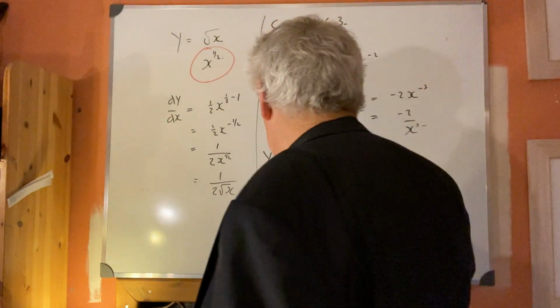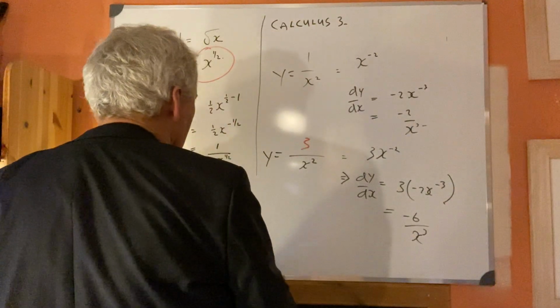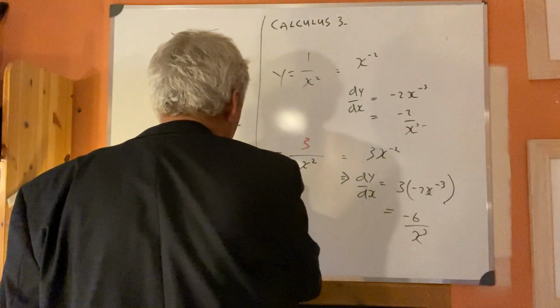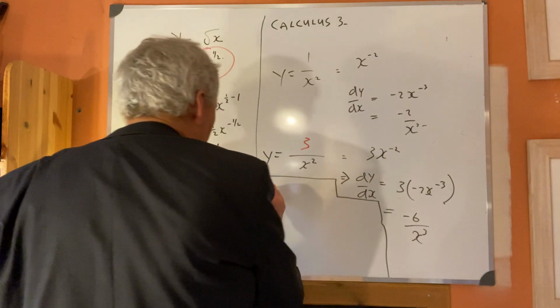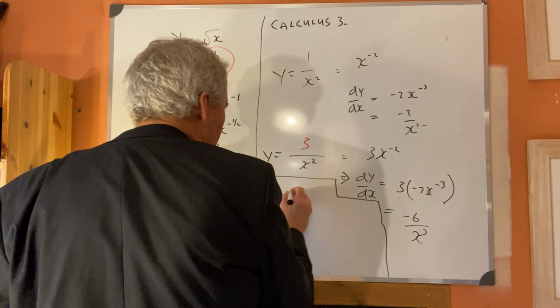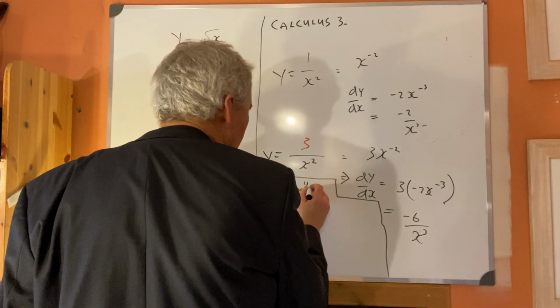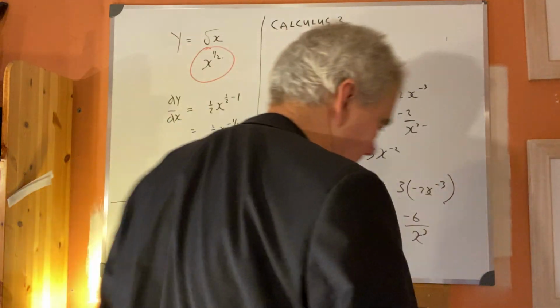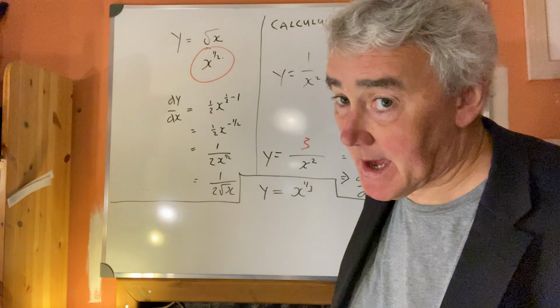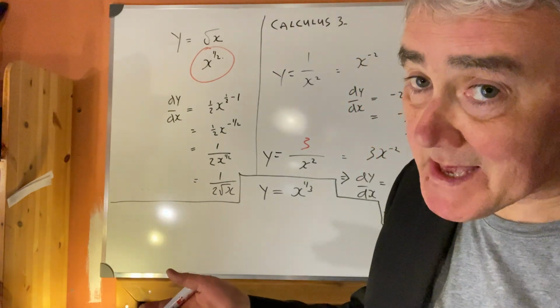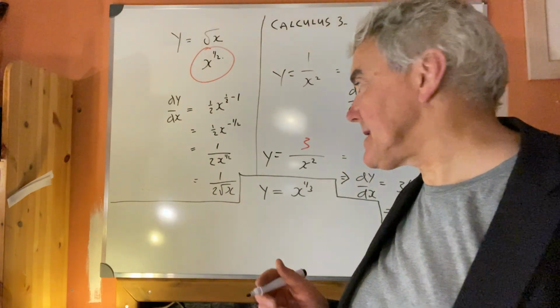So we will now look at, let's say, y equal to x to the power of a third. Okay, and that's the third root of x. Again, think about what that is. What does that mean, the third root of x?